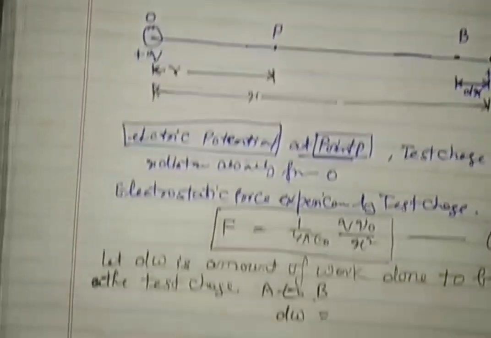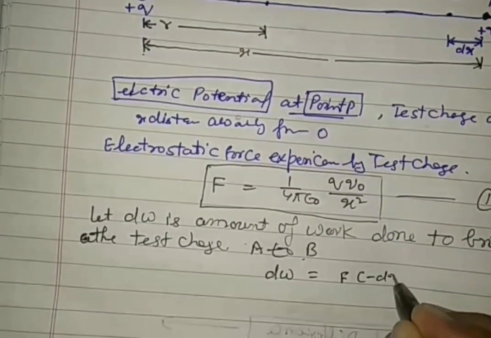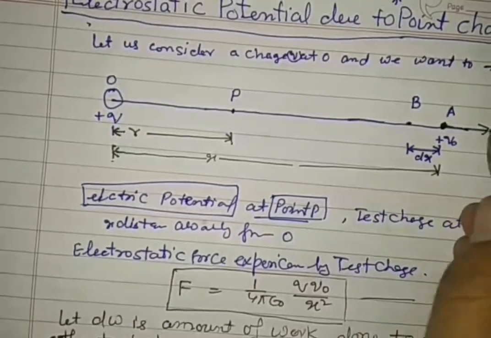So an equal amount of this force will act, and this displacement dx will be opposite to the direction of the force.